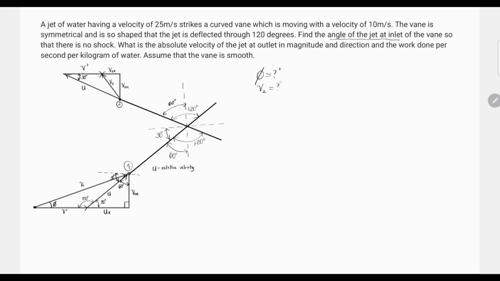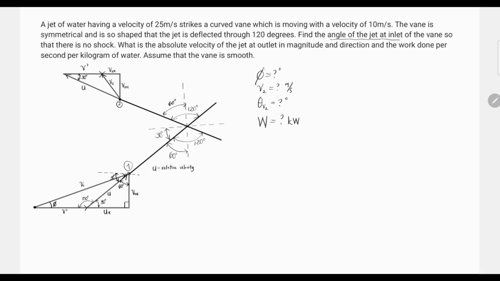So, meron kang magnitude ng V2 in meter per second and the direction in terms of angle. Angle of V2 is equal to degrees. Work done per second per kilogram of water. So, work is equal to, say this is in kilowatt.